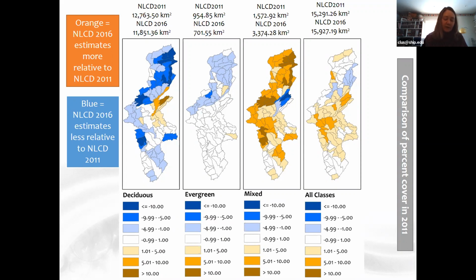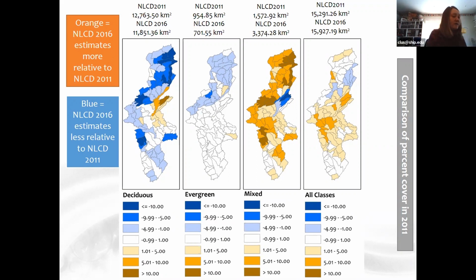For any given watershed, differences in urban classes don't really exceed plus or minus 2.5%, but the differences in agriculture and forest classes can exceed plus or minus 17%. So a lot more variability in the agriculture and forest classes when we're comparing these two products.